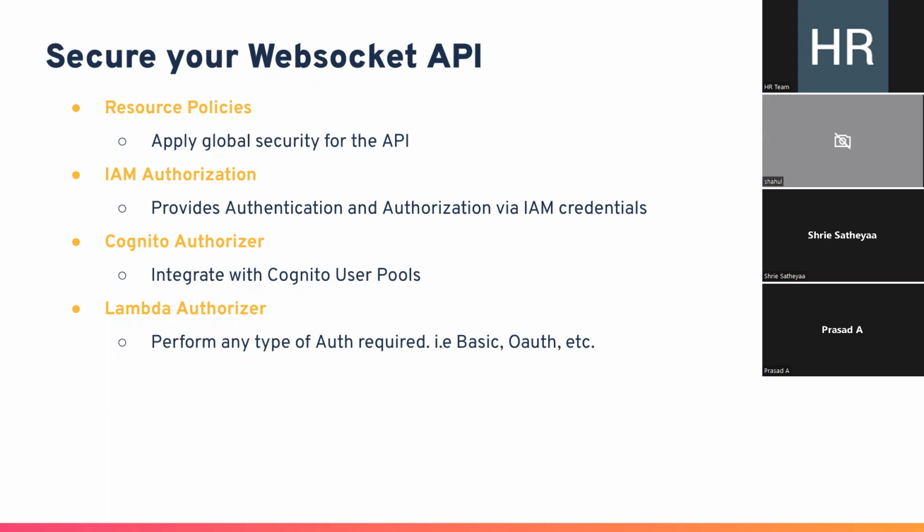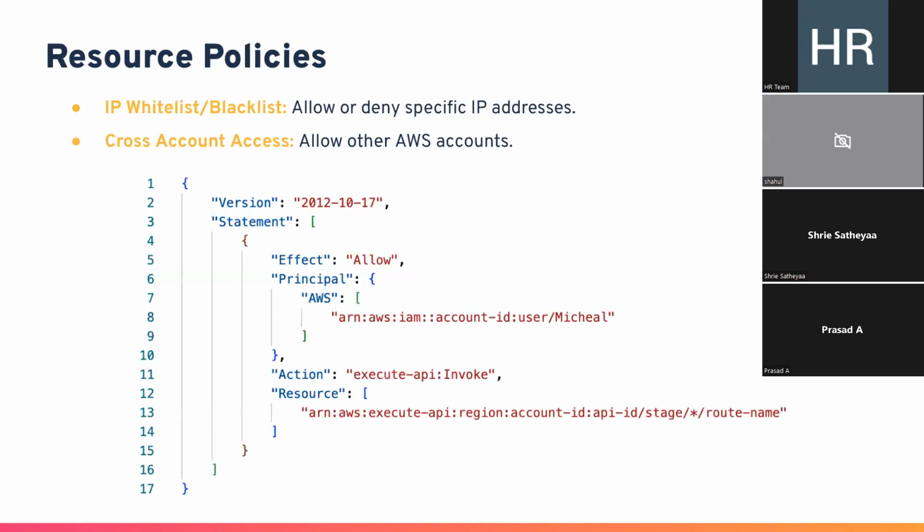IAM authorization is where the user uses their IAM credentials to invoke the WebSocket API Gateway. The Cognito authorizer uses Cognito user pools, and the Lambda authorizer uses a Lambda function to perform the custom authorization that we need. This is an example of a resource policy.